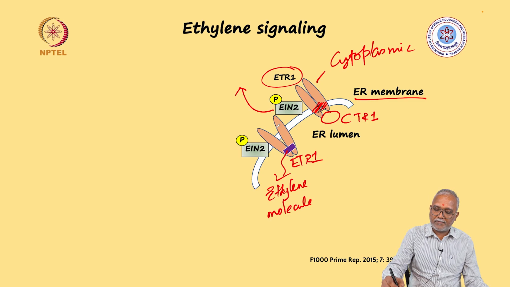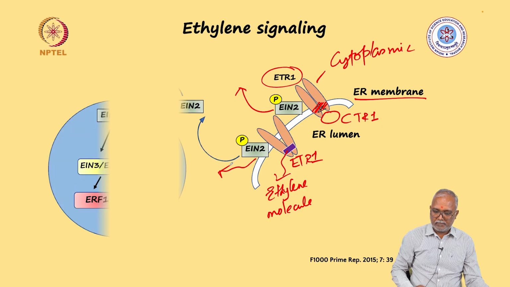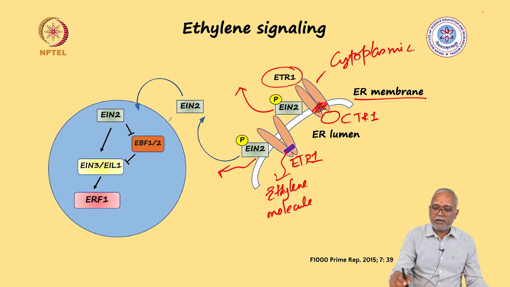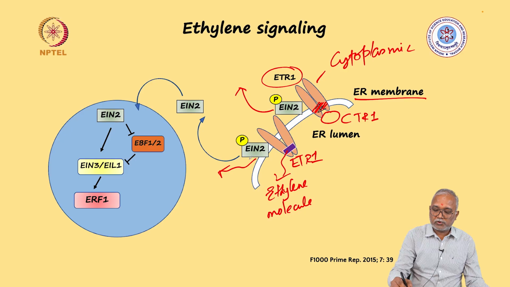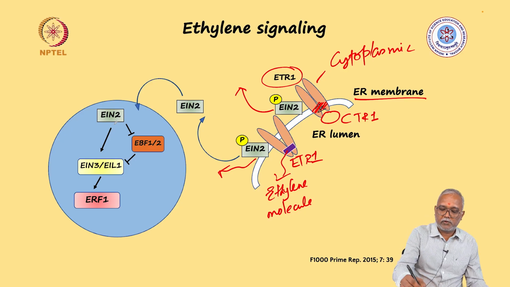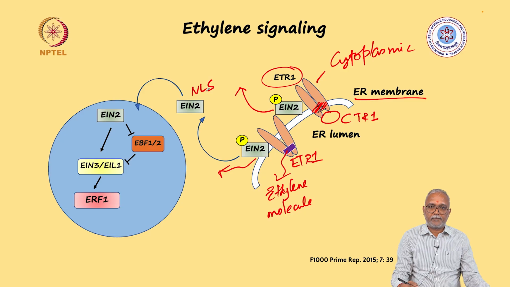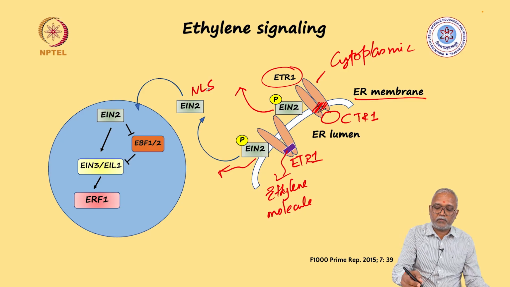Because of that, this EIN2 is released. EIN2 cannot be phosphorylated and it is released from this vicinity. Now this released EIN2 can move inside the nucleus. So you can easily assume that this molecule should have an NLS, a nuclear localization signal, or it will need something which can take it inside the nucleus.